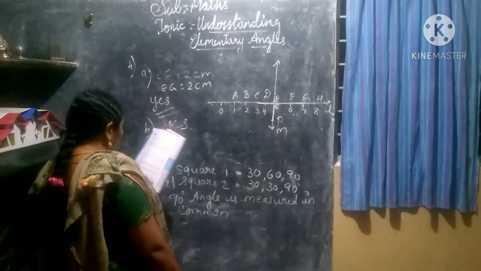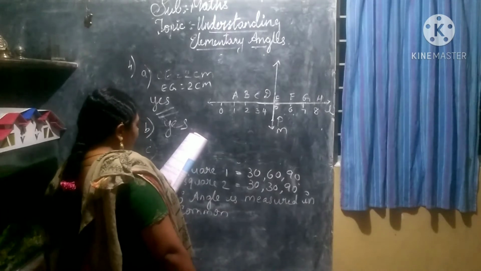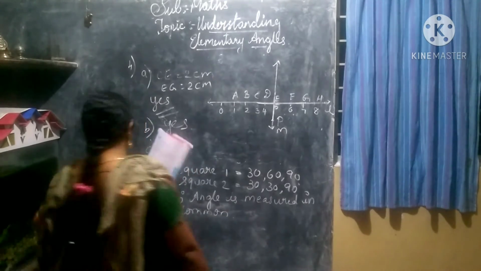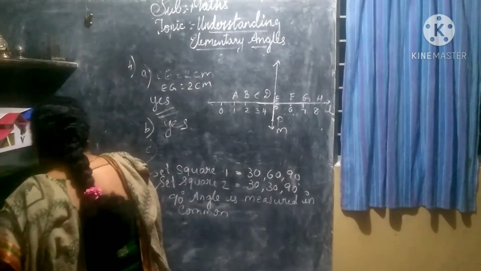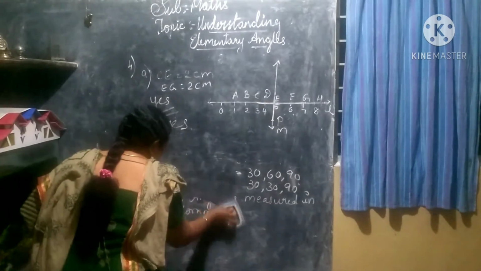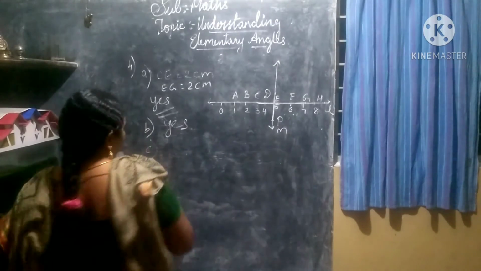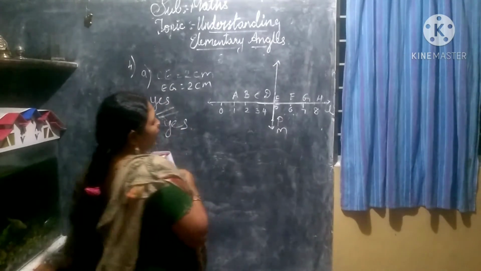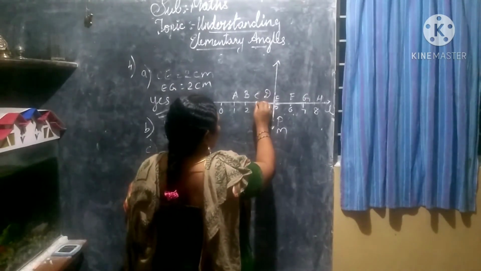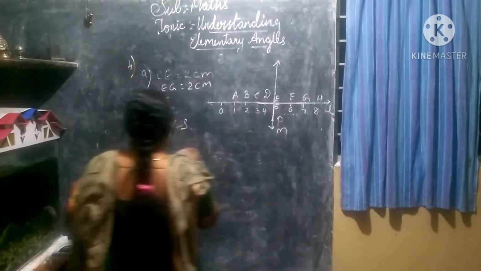Identify any 2 line segments which PE is perpendicularly bisecting. So we have to find out 2 lines that PE perpendicularly bisects. So what are the 2 lines we can find out? One we can find out as C to G, isn't it?